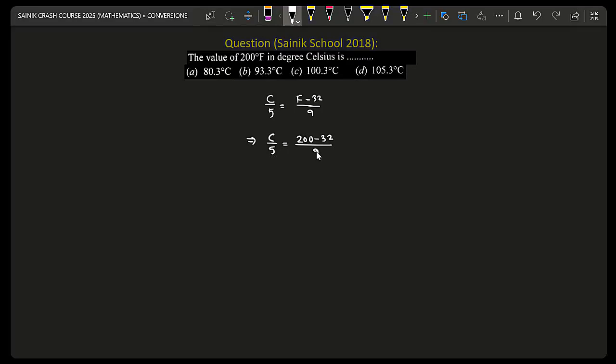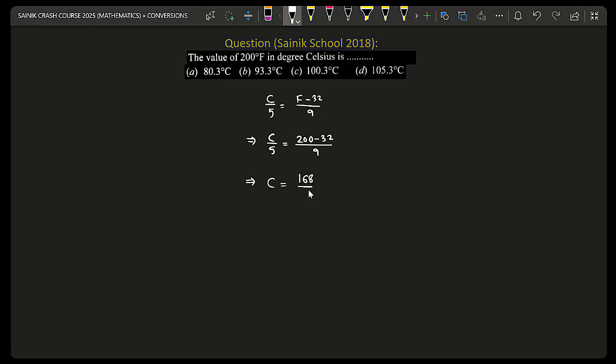I want the value of C. So transpose 5 to the other side. What is 200 minus 32, Mayuk? 148. Why 148?